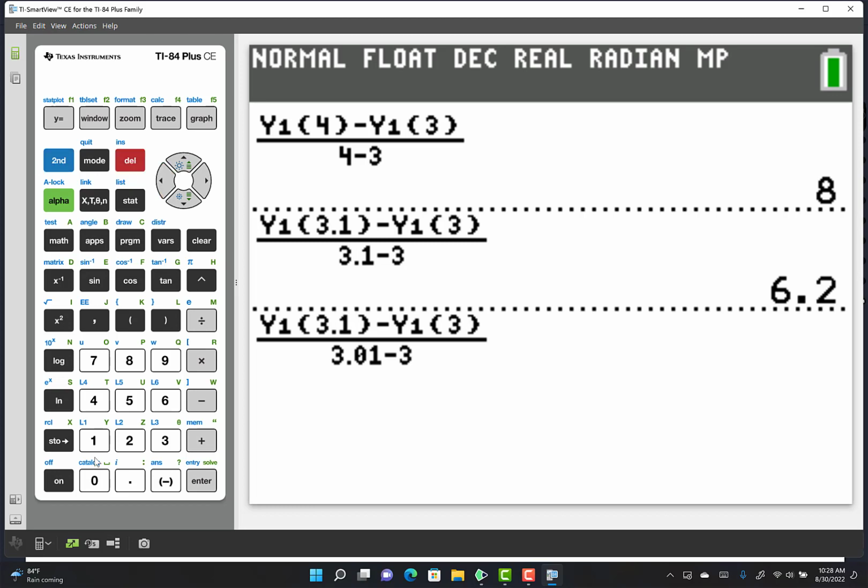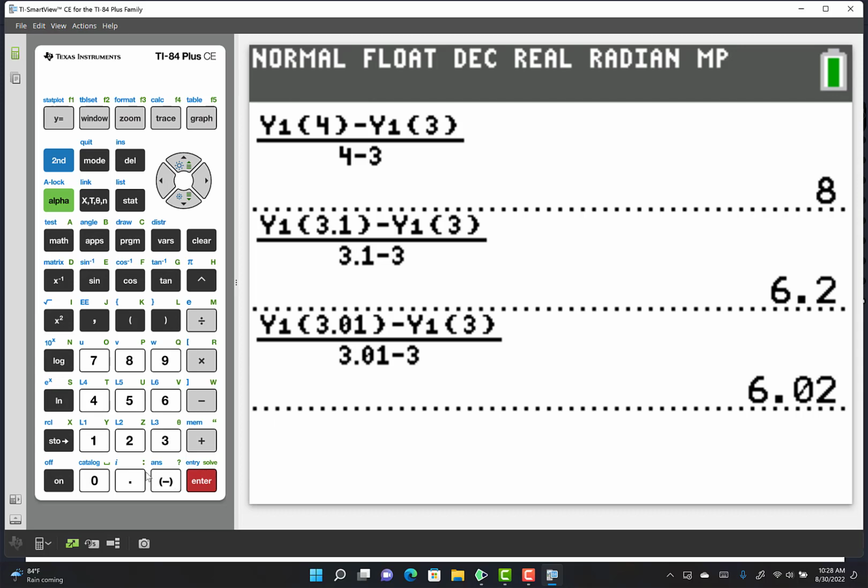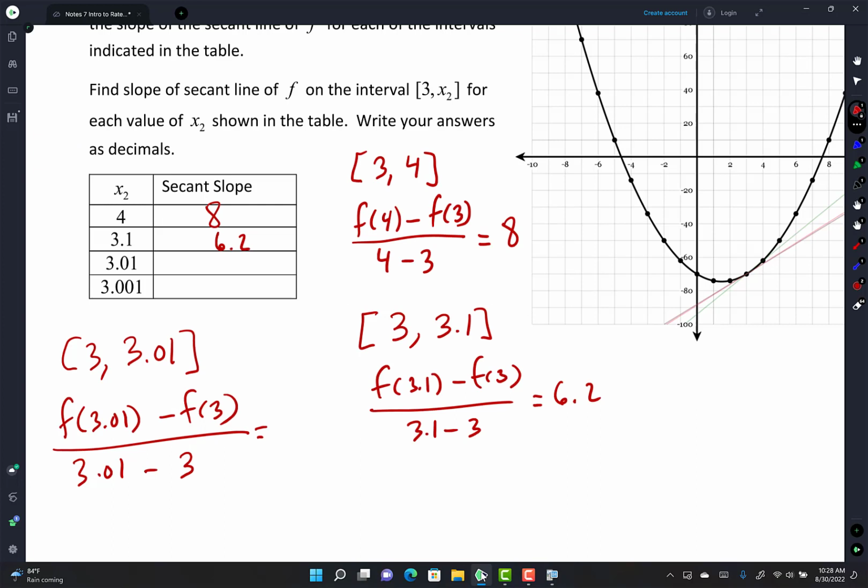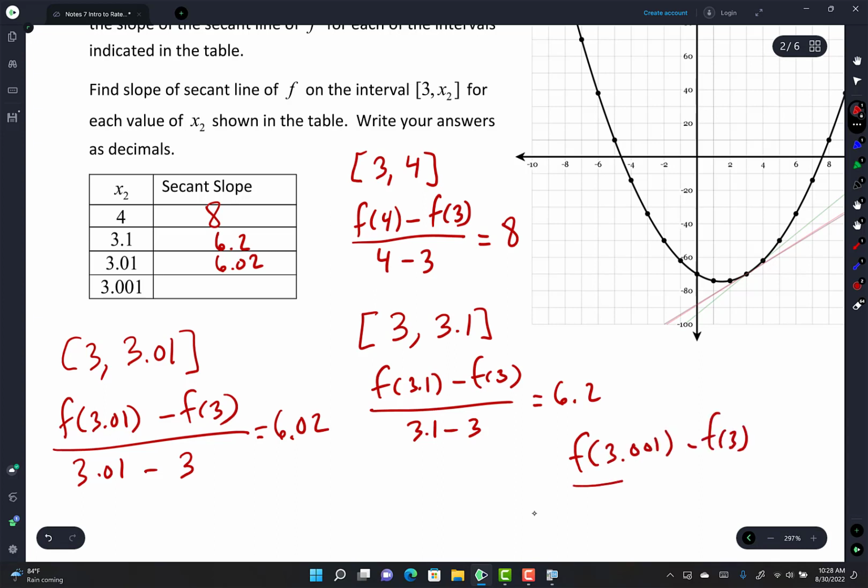Enter. I got 6.02. Last one: f of 3.001 minus f of 3, over 3.001 minus 3. I'm going to insert an extra 0 in there.